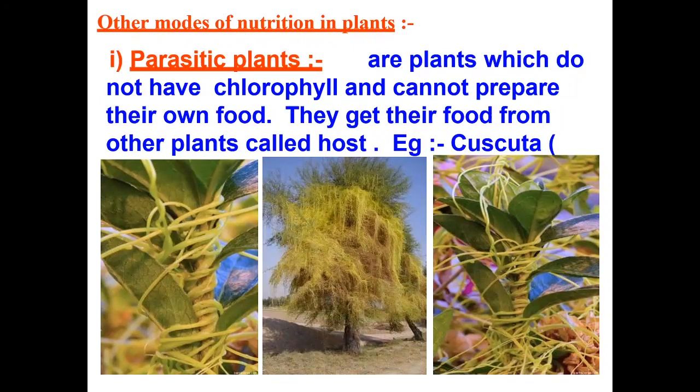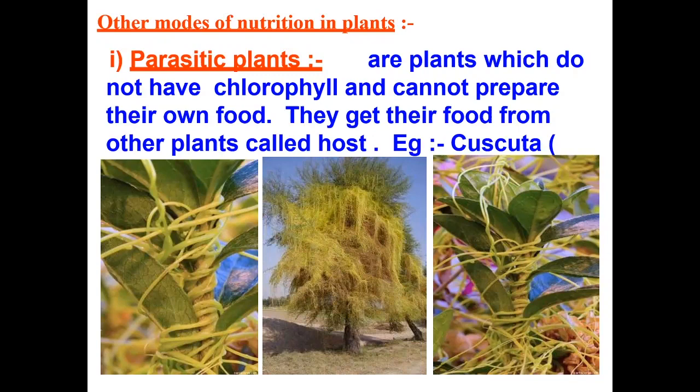Parasitic plants are plants which do not have chlorophyll and cannot prepare their own food. They get their food from the other plants. An example is Cuscuta. This is a plant.